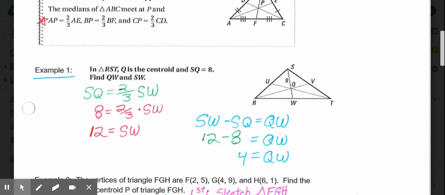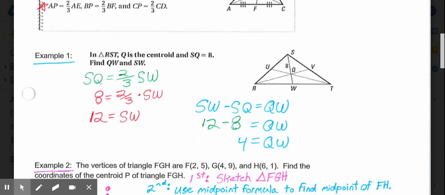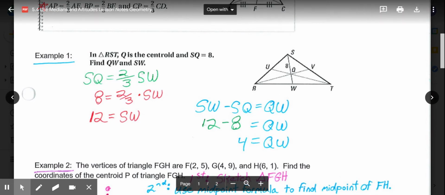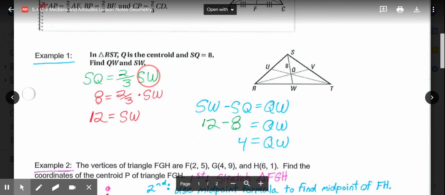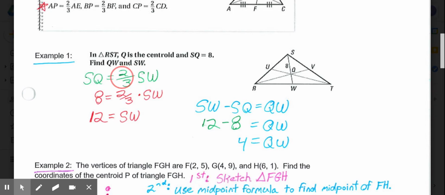Looking at that theorem and our example here, it says in triangle RST, Q is the centroid, and the distance of SQ is 8. Find QW and SW. So what we know is SW, that whole median, multiplied by 2/3 would equal SQ. So if SQ is 8, 8 equals 2/3 multiplied by whatever SW is.